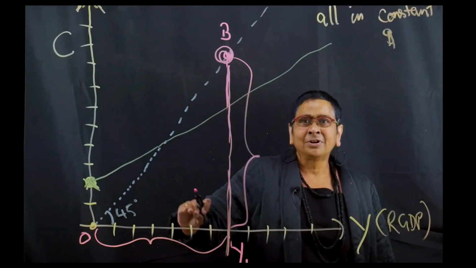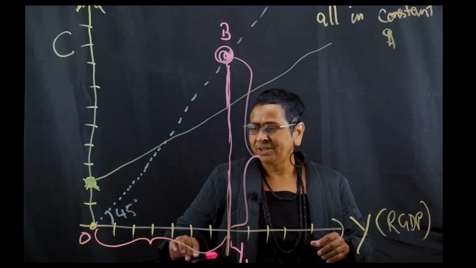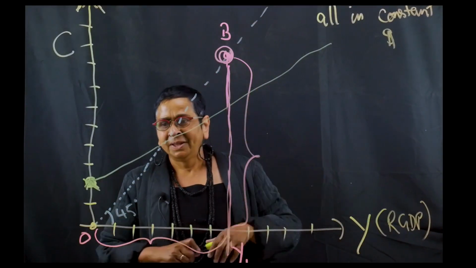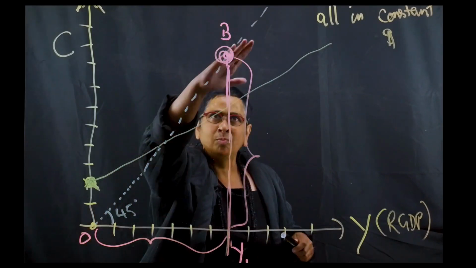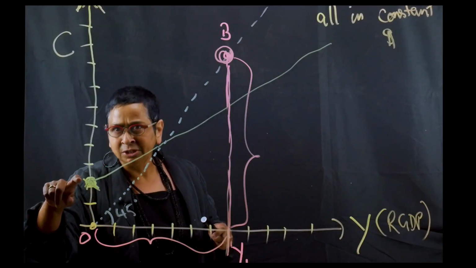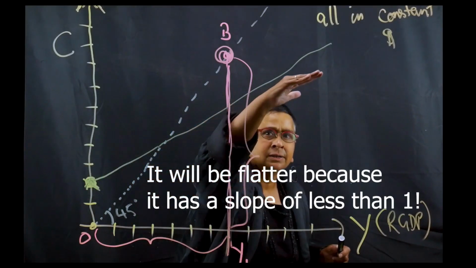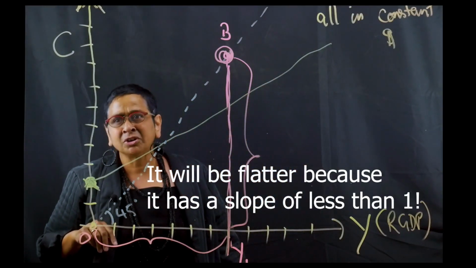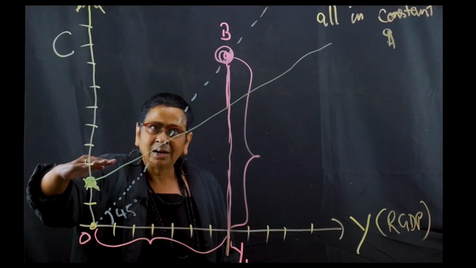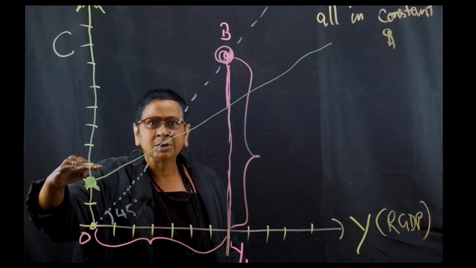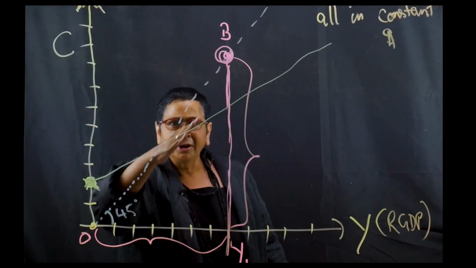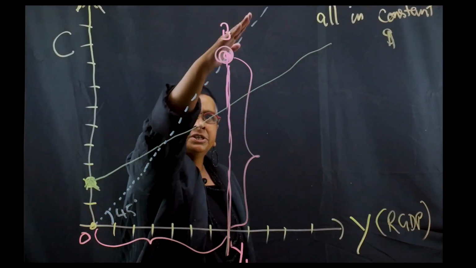So using the 45-degree line, I can find something very fascinating. First, the 45-degree line has a slope of 1. It starts at the origin and it's got a slope of 1. The consumption function will start above the origin and it will be flatter than the 45-degree line because it's got a slope of less than 1. All right? So this is going to be upward sloping, starting above the origin, and it's going to be flatter than the 45-degree line, which will start at the origin and go like that.